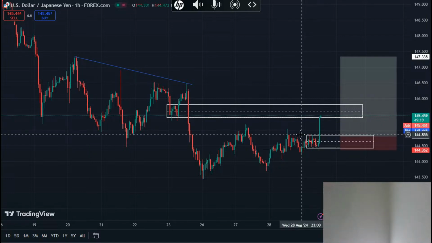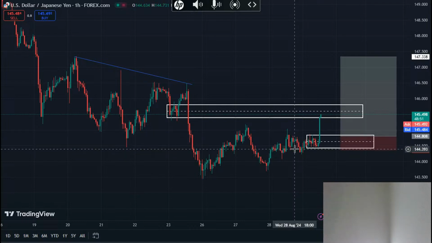So buy limit USD JPY final call: 144.846. USD JPY final buy limit at 144.846, and stop loss at 144.383.